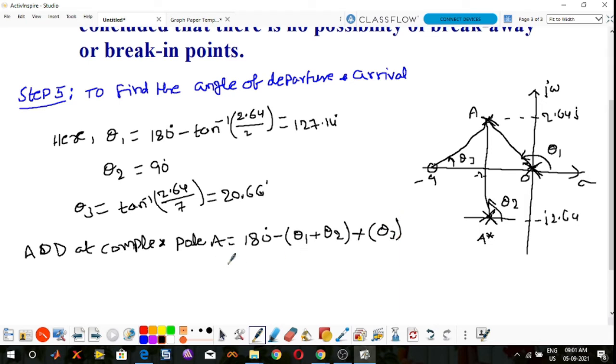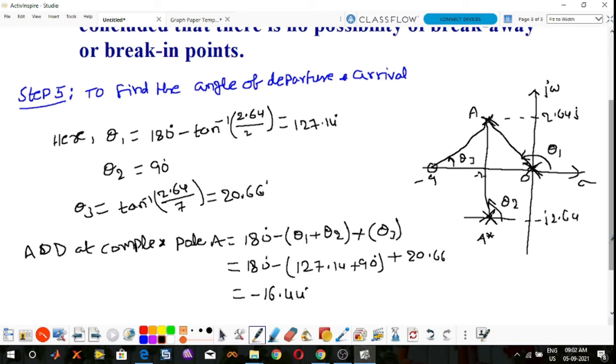So now substitute the theta 1, theta 2 and theta 3 values. 180 degrees minus theta 1, which is 127.14, plus theta 2, which is 90 degrees, plus theta 3, which is 20.66 degrees. So 180 minus (127.14 plus 90) plus 20.66 is equal to minus 16.44 degrees. So at complex pole A, the angle of departure is minus 16.44 degrees.